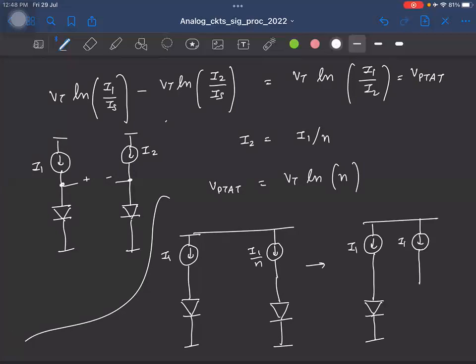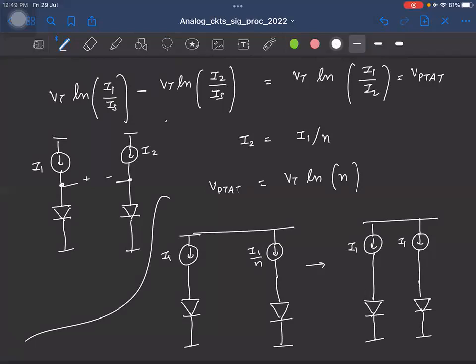Now if I just connect one diode, the current flowing through the diode is I1. But I want the current flowing through that diode to be I1 by N. So what do you think we can do? Area can be increased, or the simplest way to think is we can connect N of them in parallel.